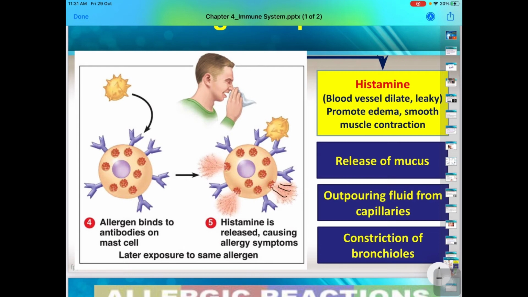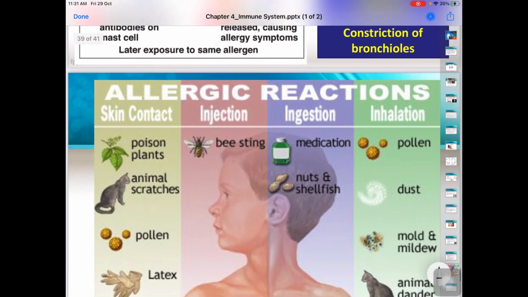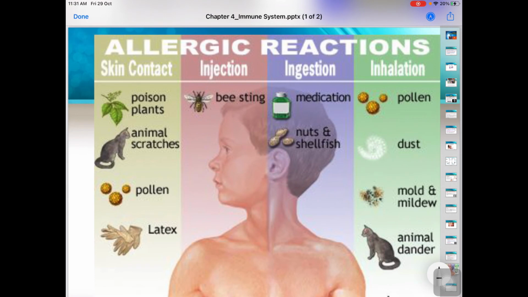When this histamine is released from the mast cell, the person will have the allergic reaction. Those allergic reactions can be the dilation of the blood vessels, edema, smooth muscle contraction, the release of mucus, and the constriction of the bronchioles, and many more reactions.